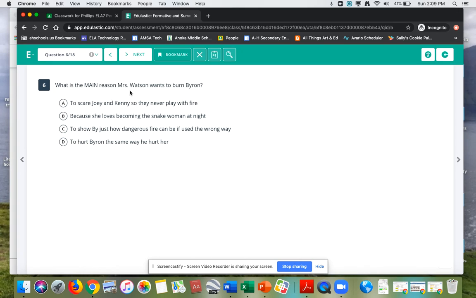What is the main reason Mrs. Watson wants to burn Byron? Right, this is that scene when she's burning his fingertips because he was playing with matches. And we're looking for the main reason. There are multiple reasons, but what do you think her intent is for trying to teach that lesson?